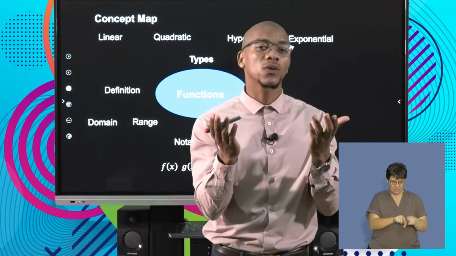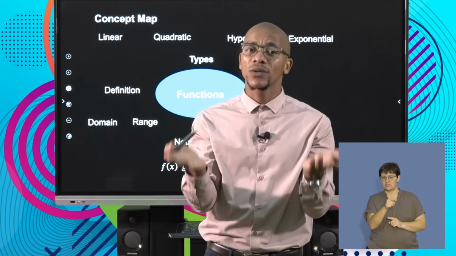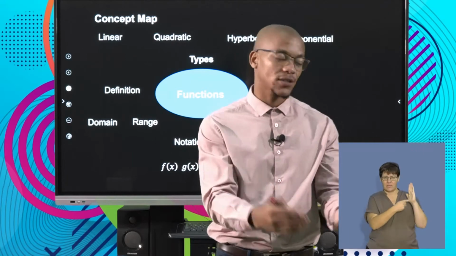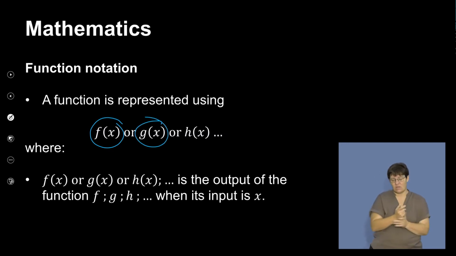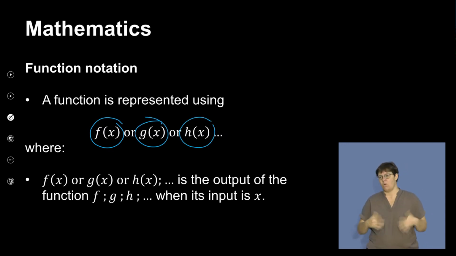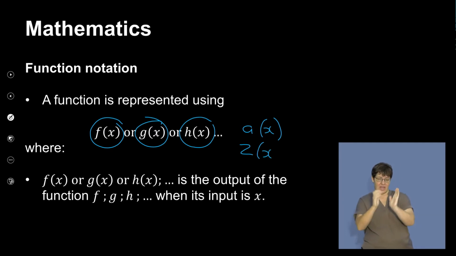So let's look at firstly, what is a notation that is to do with functions. Now, when you talk about a notation, every function is represented by using either f of x, g of x, or h of x, and my ellipsis there means that you can continue. You can even take a of x, you can take z of x, it does not really matter.